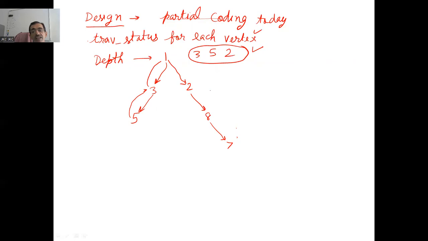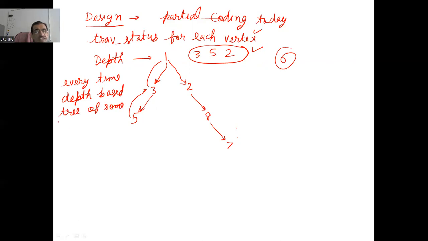And then I resumed and went to another, 6. So every time I go depth-wise, and one depth-based tree is traversed. Every time, a depth-based tree of some connected vertices gets covered or visited.